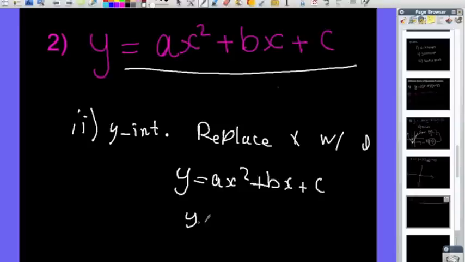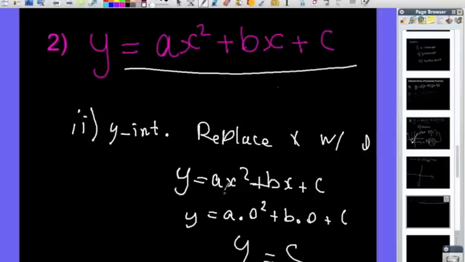If you replace x with 0, it would be y equals a times 0 squared plus b times 0 plus c. So basically all you'll be left with is c. So if you don't want to do this whole thing, you can just look at c from the beginning, and that would be your y. It's that easy.